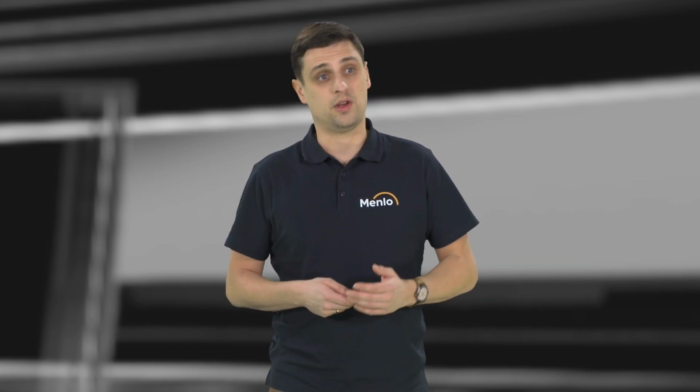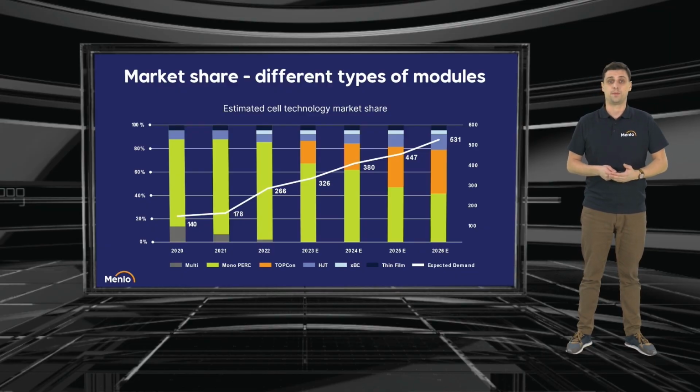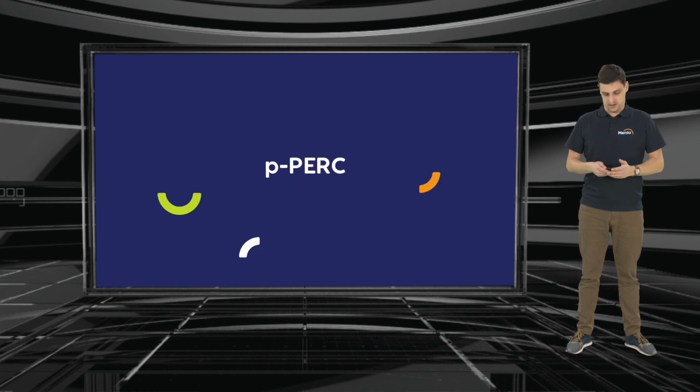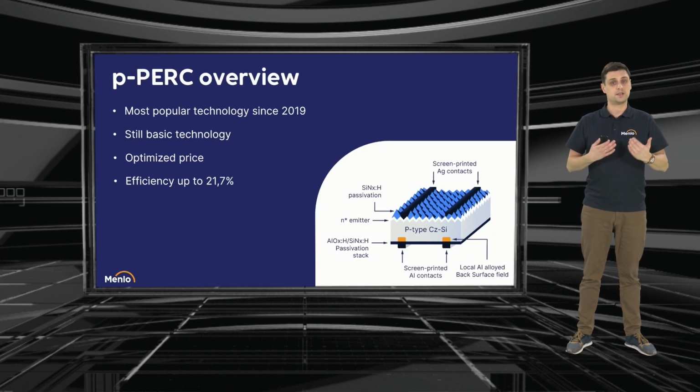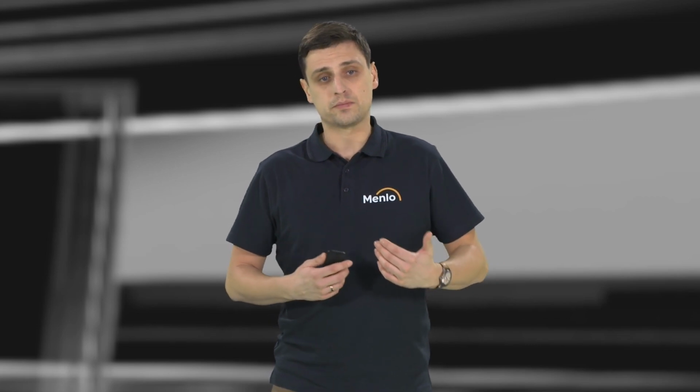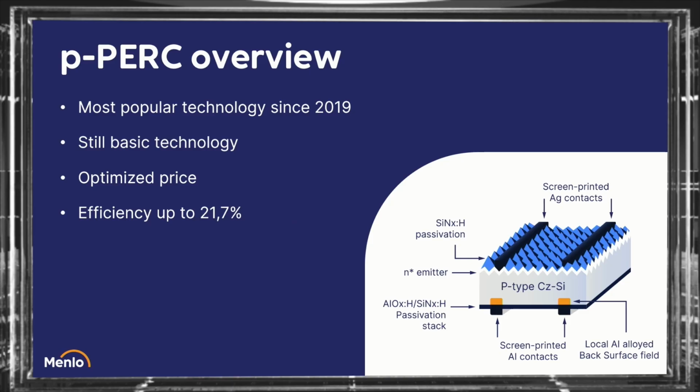It's not something new and unexpected, but it's something which comes to the mainstream. So let's start from the basic technology, which still is p-type PERC technology. Most of us started in the PV industry with p-types because they became the popular and mainstream technology in 2019, and it's still the basic technology for all of us.